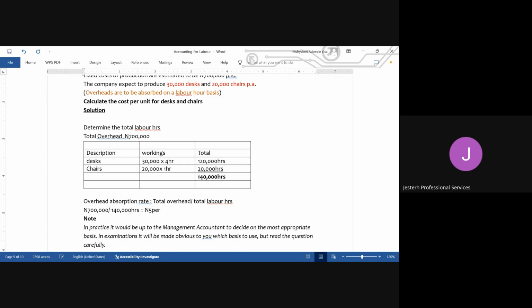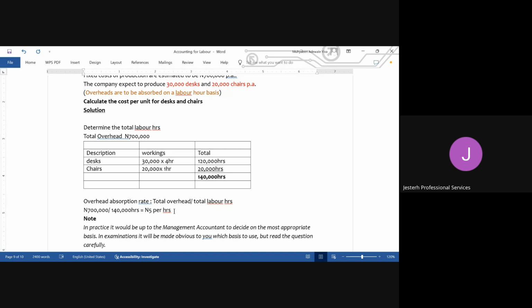So 5 per hour. It means for every hour they spend carrying out the production of these products, they have planned to attribute 5 naira of the overhead or the costs of this level of productions.